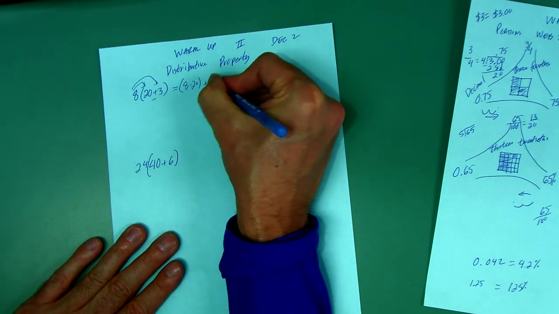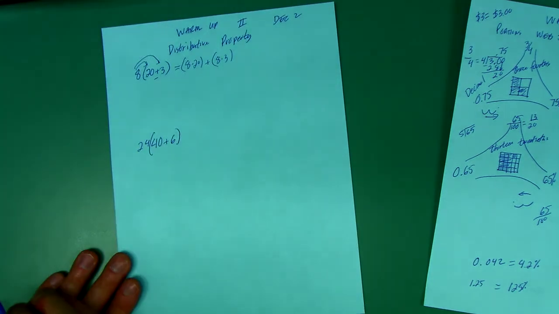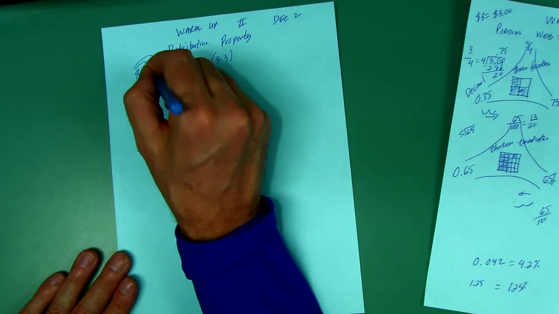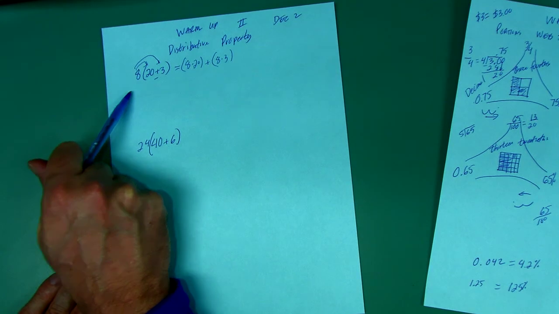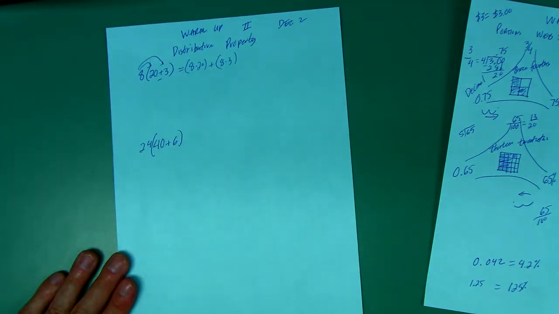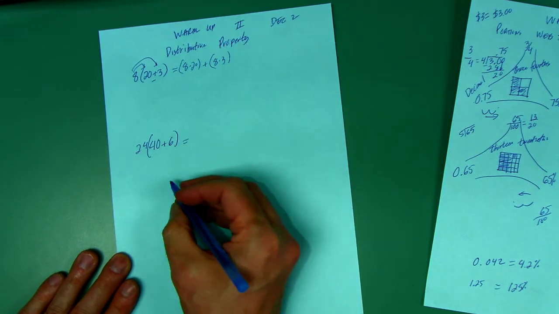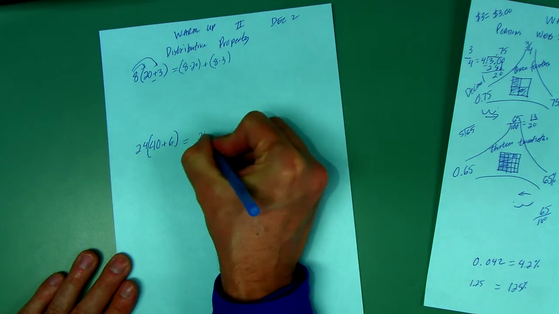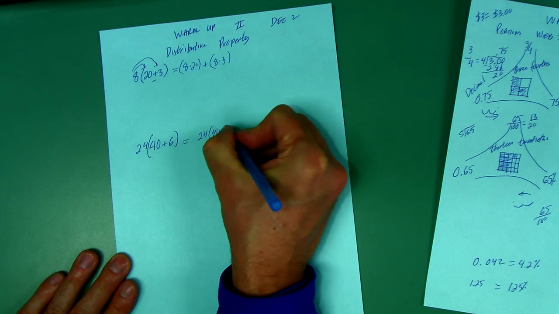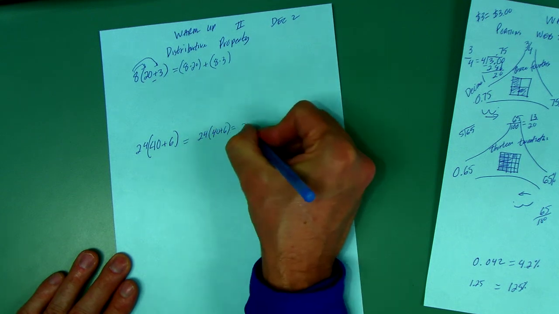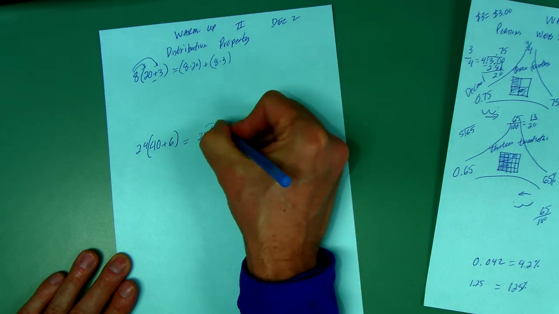Now, the most common mistake I got to tell you is people say this is 8 times 20, then they just add a 3. Each thing inside the parentheses gets multiplied by the thing outside. Now, that was always hard to teach, especially when you get this one, because what do you got to do here? I got to break up that 20 and a 4, right? So I got the 24 times 40 plus 6. I'm just rewriting it. Is 24 times 40, right?